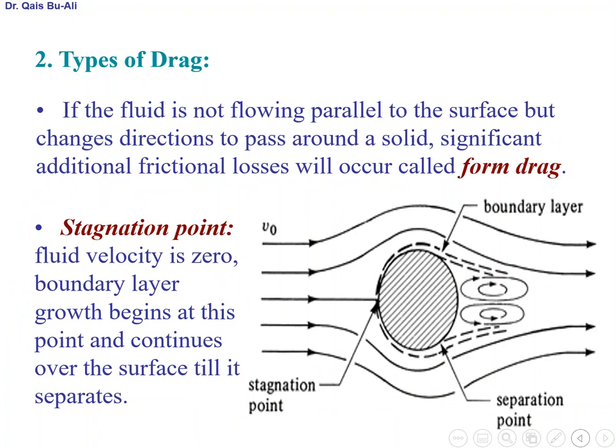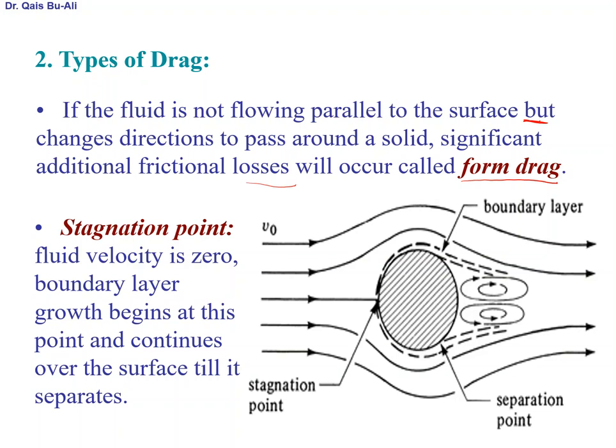Now, suppose the fluid is not flowing parallel to the surface, but changes directions to pass around the solid. In this case, significant additional frictional losses will occur, called form drag. So the first one that we talked about in the previous slide was the skin drag or wall drag.